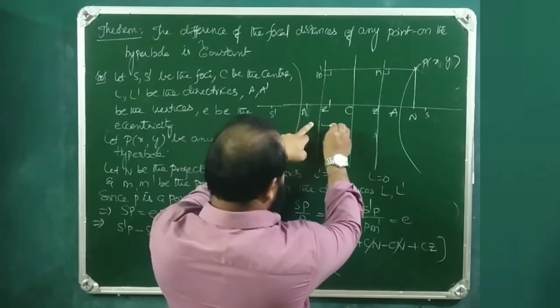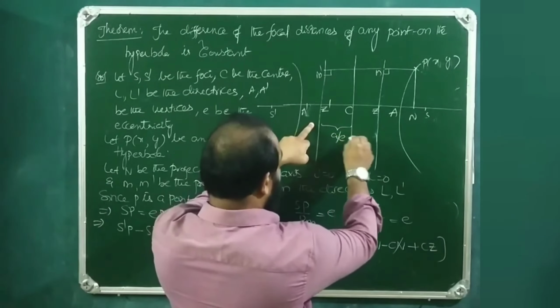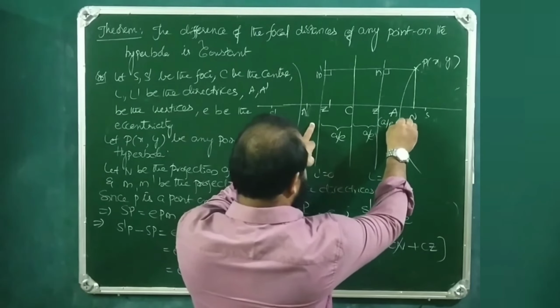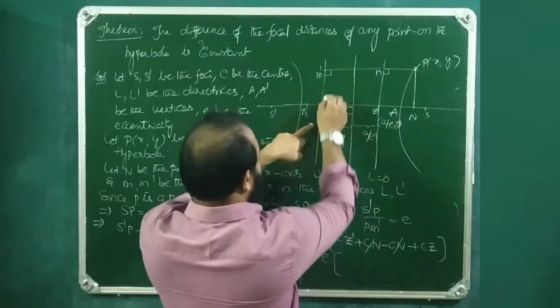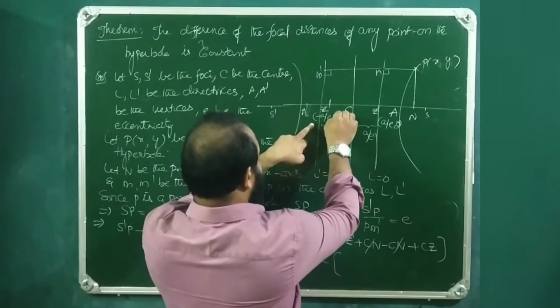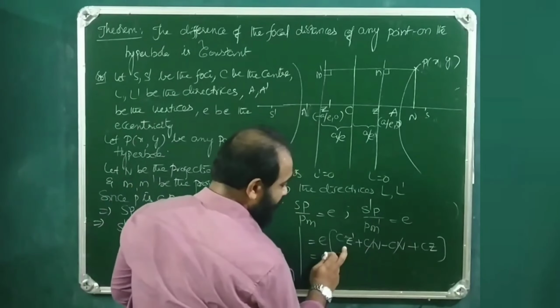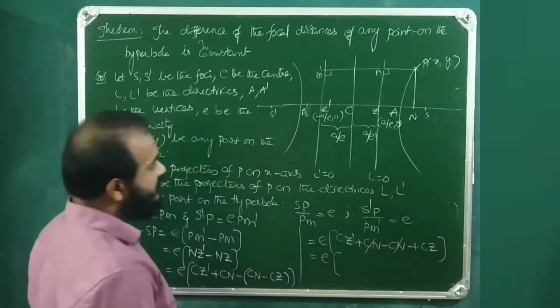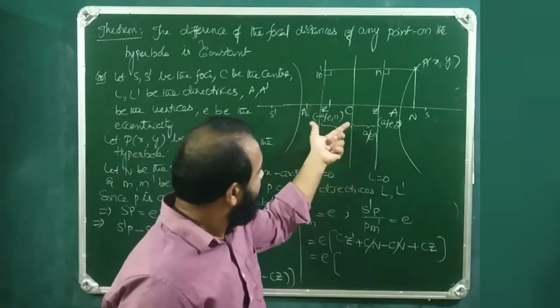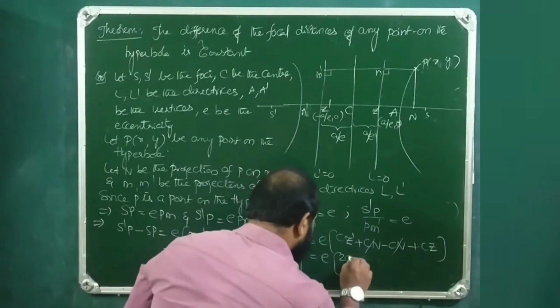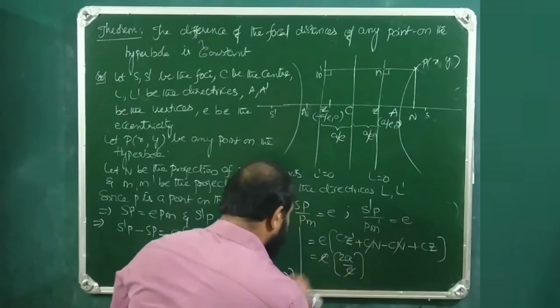So e into CZ dash plus CZ, the distance between the center of the hyperbola and the directrix we have seen earlier. This is a by e, comma 0, and this is minus a by e, comma 0. So CZ dash is a by e and CZ is also a by e, giving 2a by e. e gets cancelled.